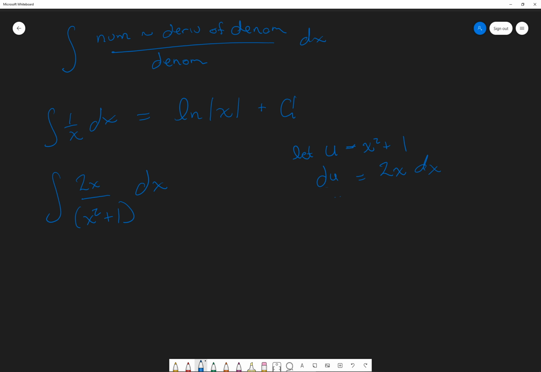Okay? So what does that mean? That means I can directly sub these into this equation, right? So 2x dx becomes du, and x squared plus 1 becomes u. We already did that up here, just x is u up here. This is just ln of u plus c is the solution, and then you sub back in your u.